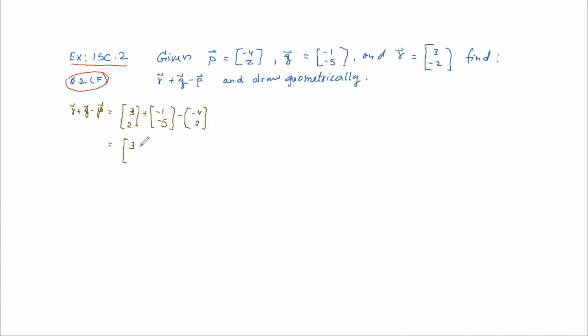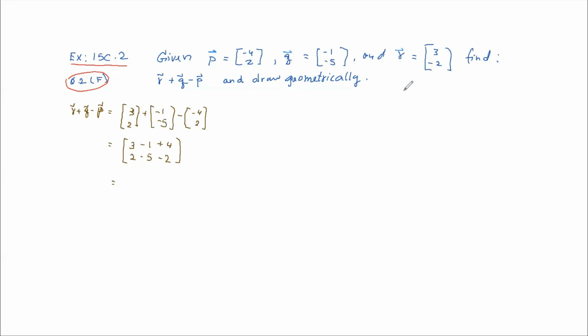It becomes 3 minus 1 plus 4 and 2 minus 5 minus 2. So the answer is going to be this, let's check.